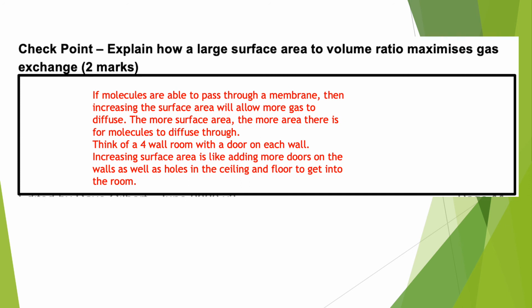So if I added an extra door on each wall, that means that there are now 8 possible ways to get in and out of the room. And then increasing even more, I might put a door on the ceiling and the floor that will allow people to get in and out of the room much easier. Okay, so that's kind of what it's like to increase the surface area. There's more area for molecules to basically get in.